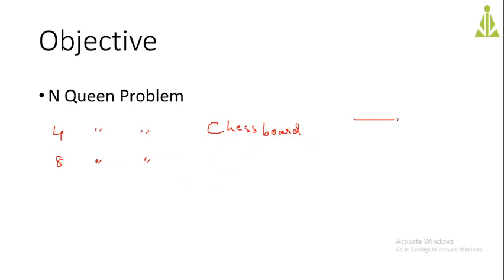So we will have 4 by 4, which means 4 queens means a 4 by 4 chessboard. The n-queen problem means if you have any number of queens and you want to place them in the n by n matrix, that is also possible.